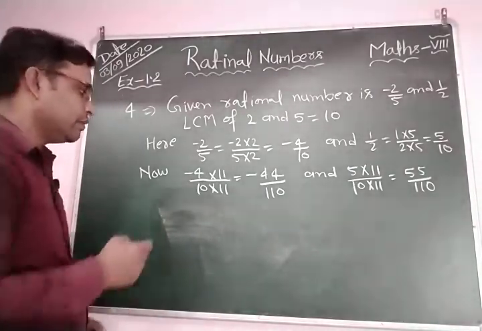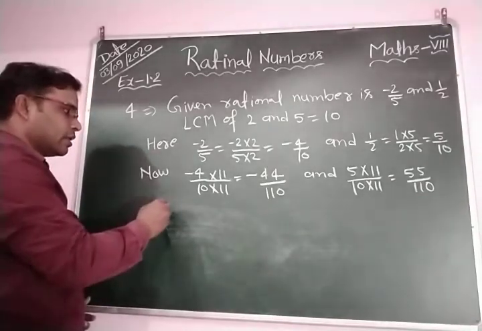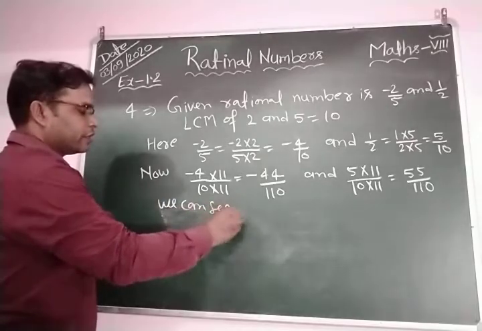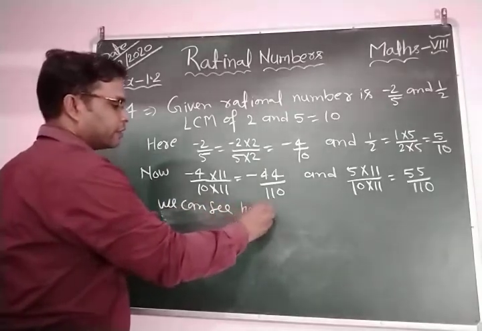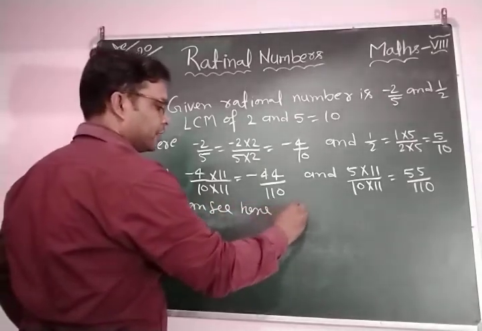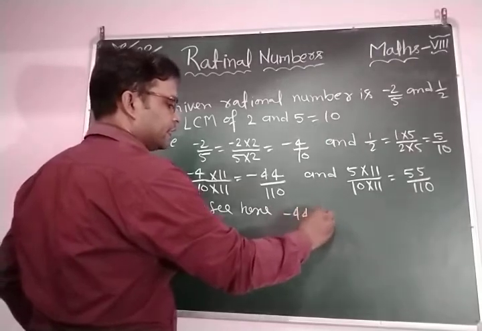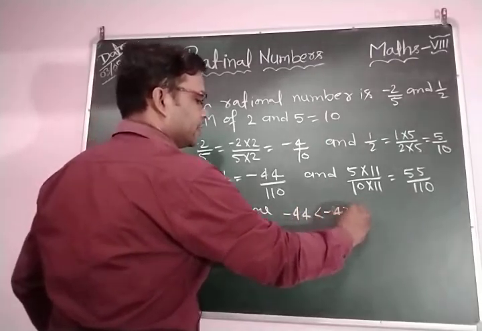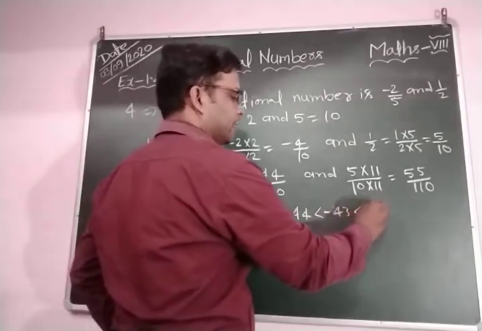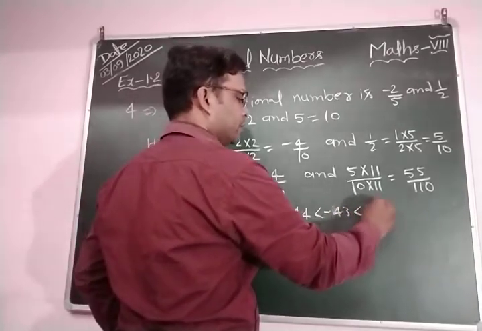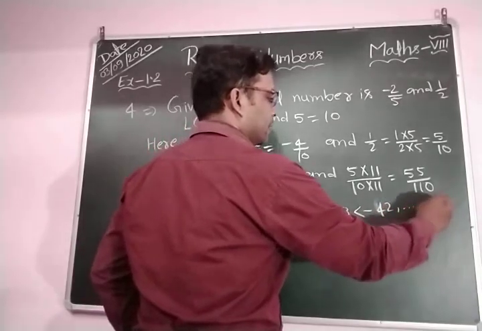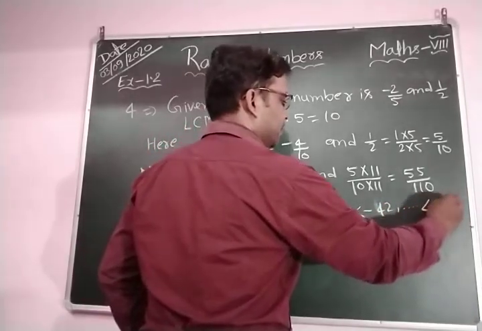So you can see here, minus 44 is less than minus 43. Minus 43 is also less than minus 42. That you can say is less than 55.